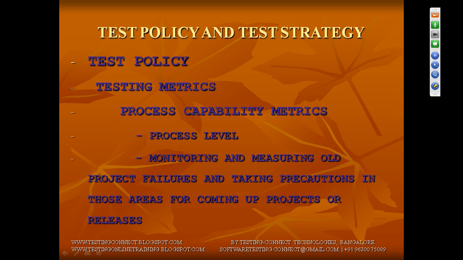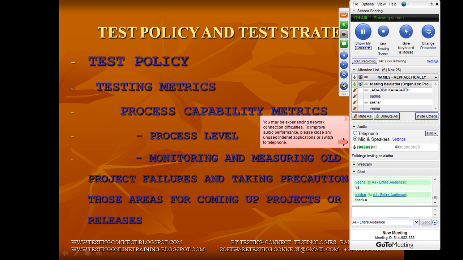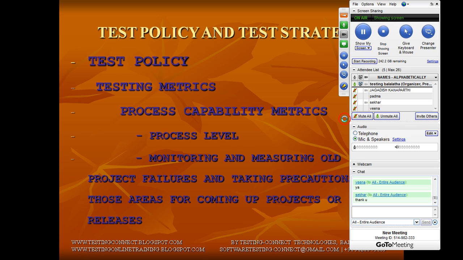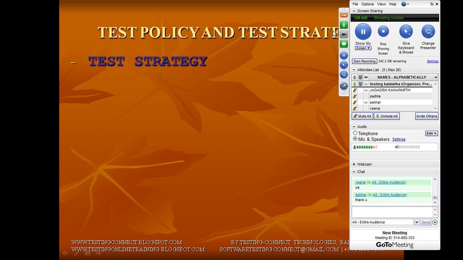Then 3 types of metrics: test management metrics, which are purely tester level. So how many test cases got executed, created, how many bugs raised, how many bugs passed, reviewed and closed. Those are nothing but test management metrics. Then quality assessment metrics. Your team lead will consolidate the report release by release and send it to your product manager at the ending days of 3 years, estimating whether your application met the customer expected quality or not.